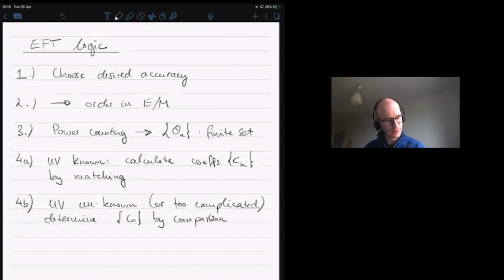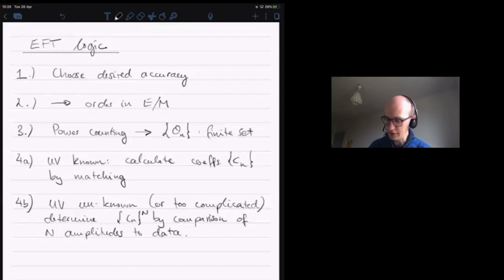Say there are capital N of them, by comparing N judiciously chosen amplitudes to data, let's say experimental data. And then the point is that the theory so determined is a fully predictive theory.